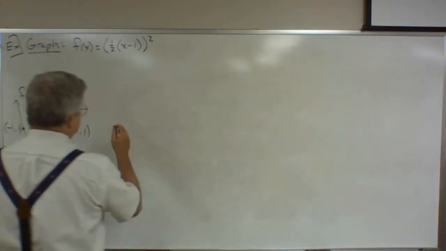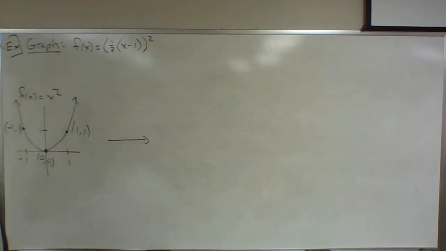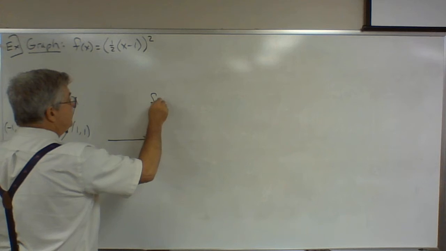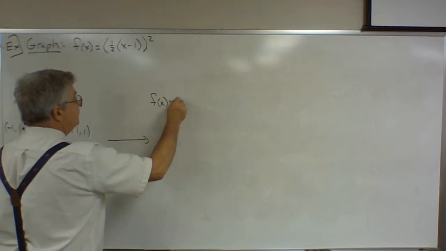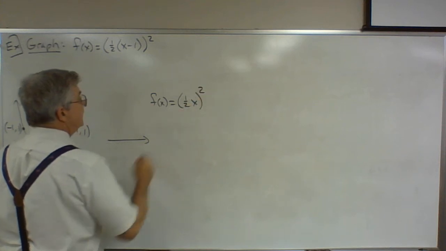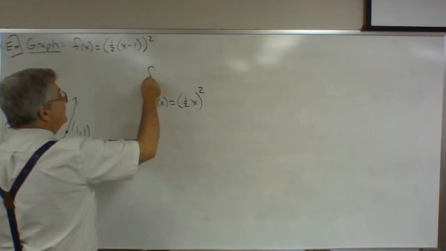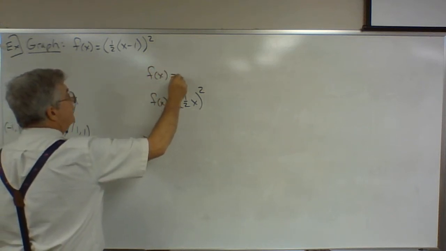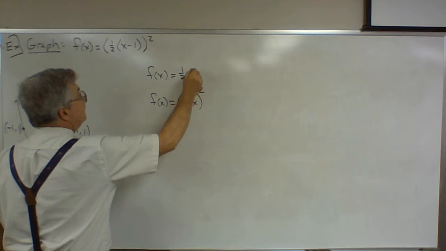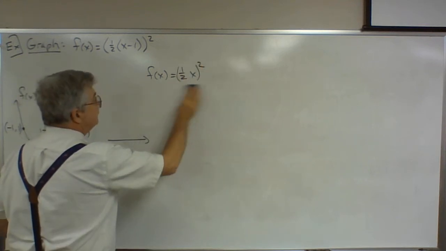So as our next function for comparison, we're going to look at f of x equals quantity 1/2 x squared. That's going to be our function of reference. And let me write this up higher so that I don't deprive myself of space that I'm going to need later on.